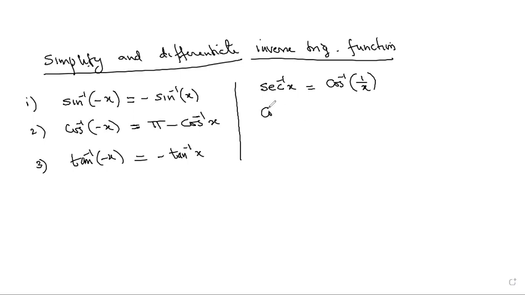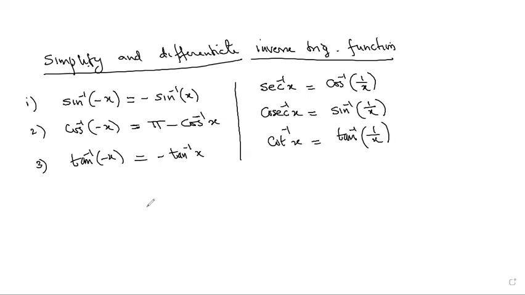If it is cosecant inverse x, it can be written as sine inverse 1 by x. Cot inverse x can be converted to tan inverse by taking the reciprocal.